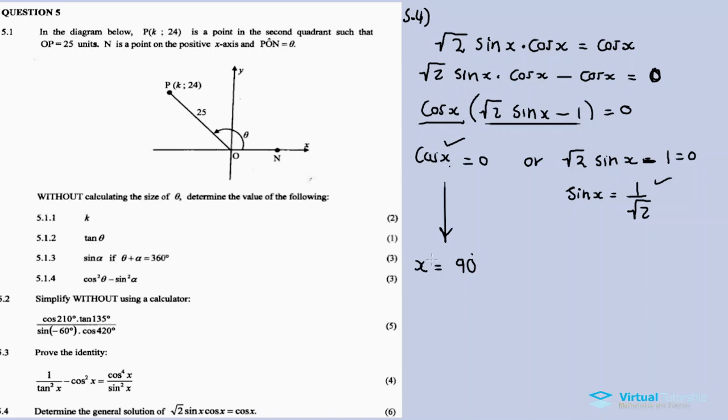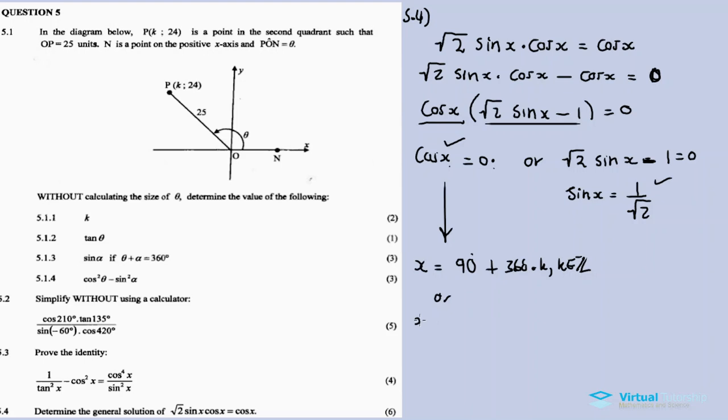So my first general solution for cos x equal to 0 will be 90 degrees plus 360 degrees times k, which is the period, where k is an element of integers.